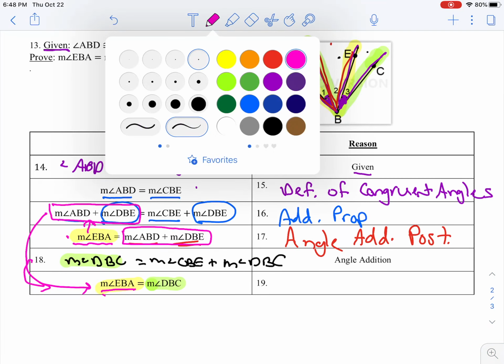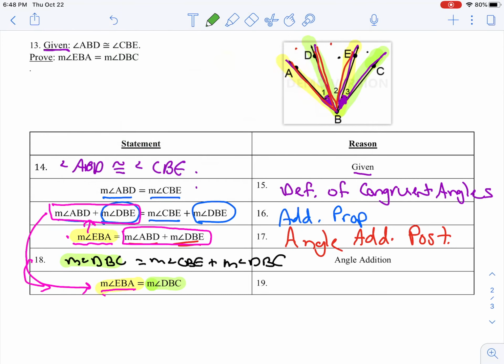And the same thing happened down here. So notice that this CBE plus DBE is the same as this right here. So we can substitute what that was equal to in here, which gave us this right here.